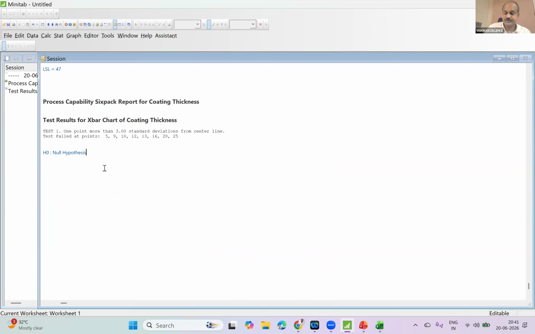So H naught means null hypothesis, right? Which is a statement of innocence, statement of equality, and statement of no impact. Or otherwise, you can say the factor is not a root cause.